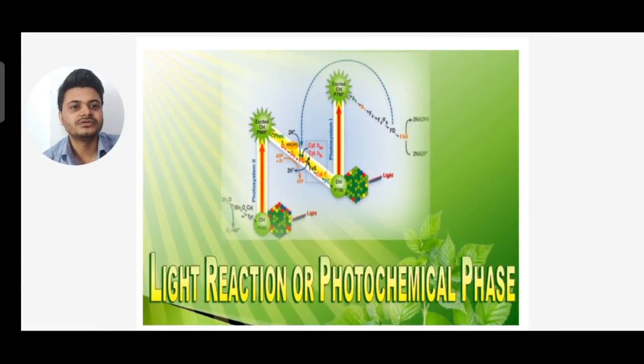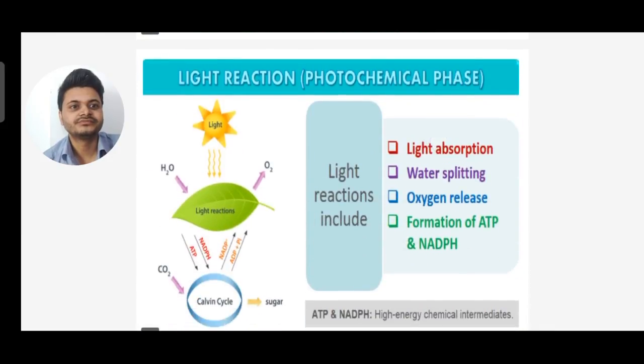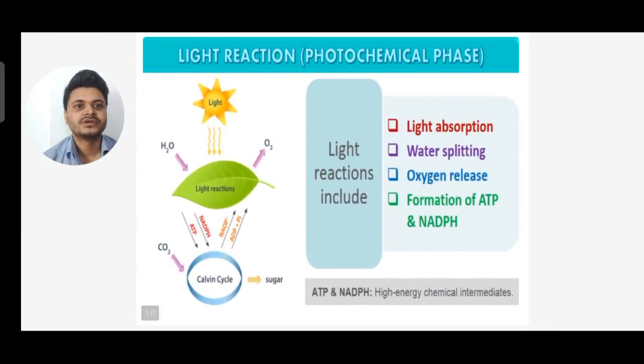Copy this chart. The light reaction, or photochemical phase, includes light absorption, water splitting, oxygen release and formation of ATP and NADPH. ATP and NADPH are high energy chemical intermediates.